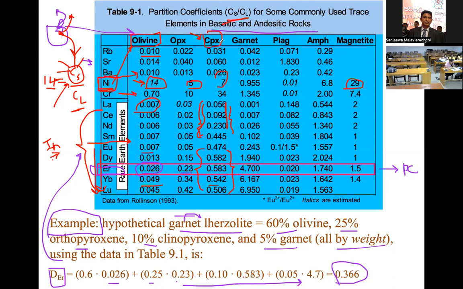Incompatible in CPX means they do not like to be incorporated into CPX, right? So this is how you can interpret your geochemical data obtained in analysis. Okay, so you always have to use these terms, whether compatible or incompatible, to explain their geochemical behavior.